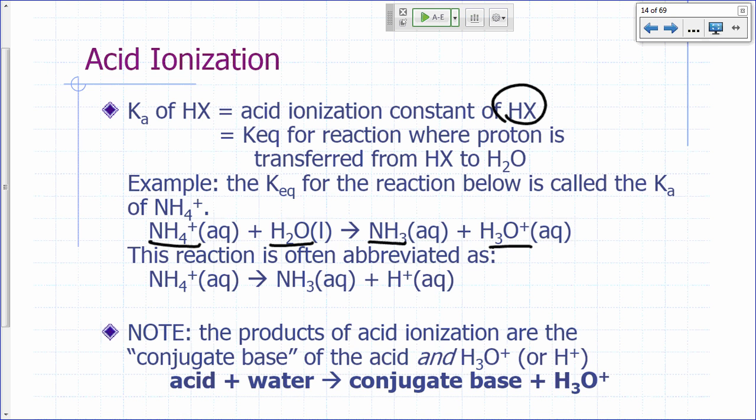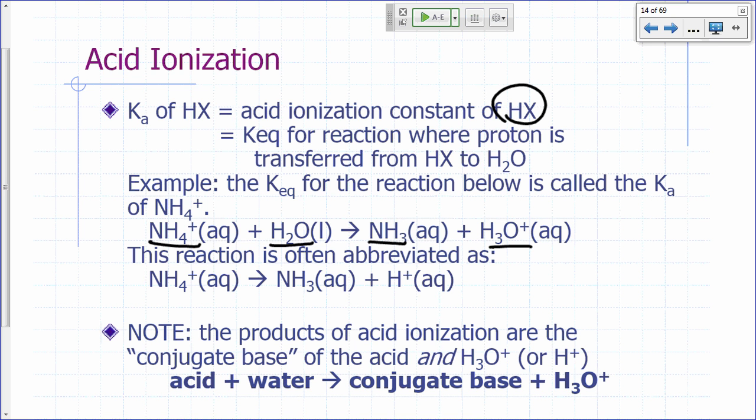It becomes H3O+, right? Anytime you have this type of reaction, something plus water, and the something donates the proton to the water, that means the water is acting as a base, right? So that something must be acting as an acid.